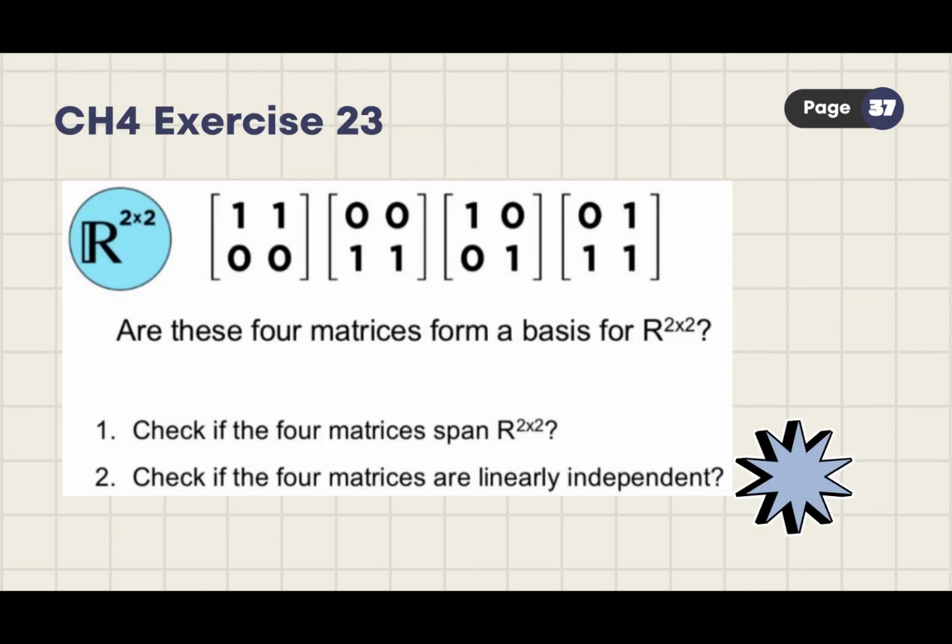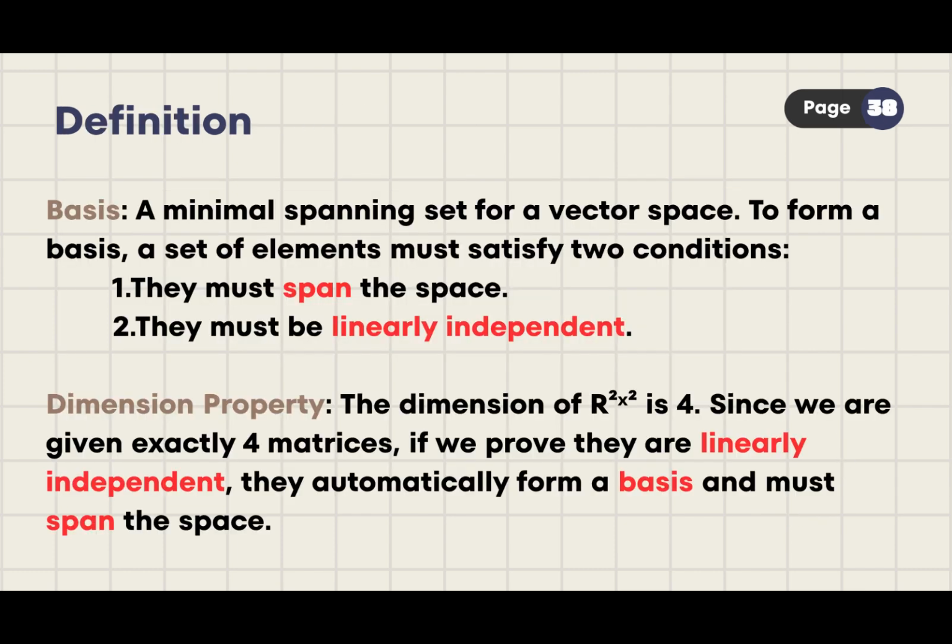Exercise 23. Definition. Basis: a minimal spanning set for a vector space. To form a basis, a set of elements must satisfy 2 conditions. 1. They must span the space. 2. They must be linearly independent.